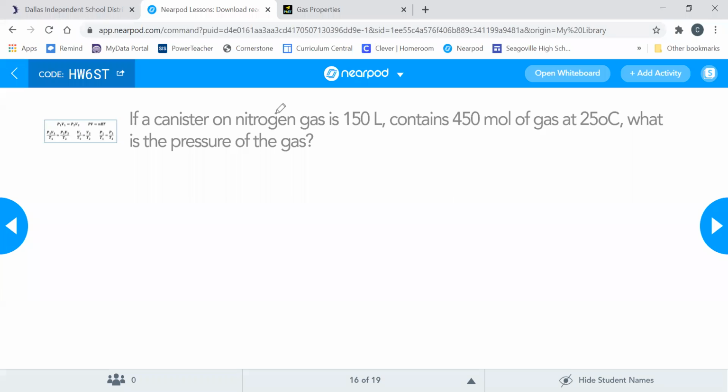It says if a canister of nitrogen gas is 150 liters, contains 450 moles of gas at 25 degrees Celsius, what is the pressure of the gas? First I gotta figure out what they gave me. They gave me volume, this is moles, this is temperature, and this is pressure.